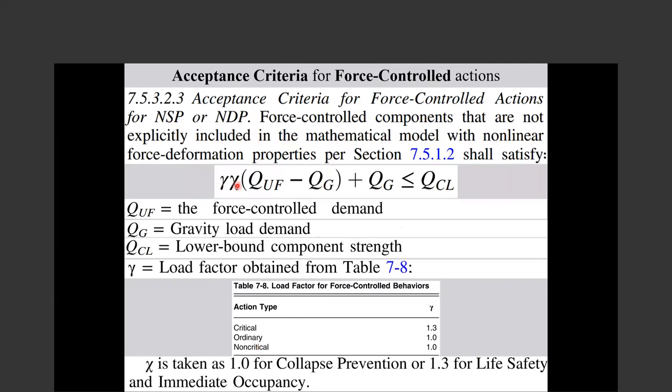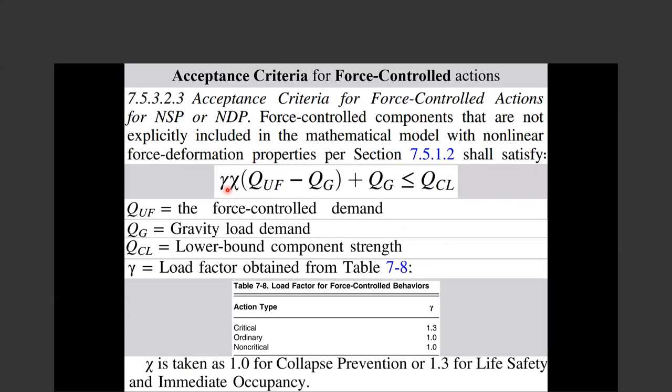And one factor is for the consideration of the performance level, because in the many studies that have been done, it is shown that for force control elements for life safety or immediate occupancy, you need a more conservative approach.